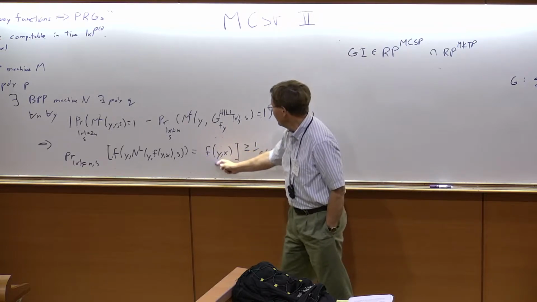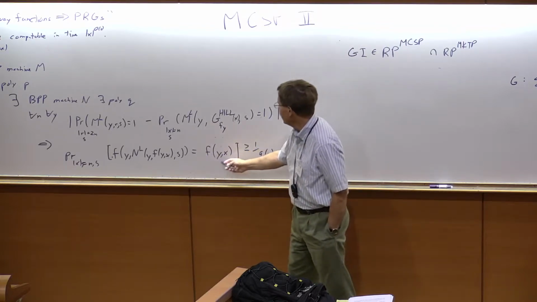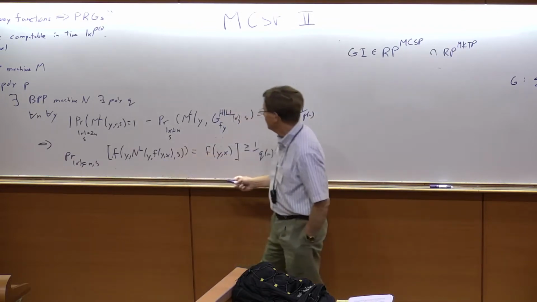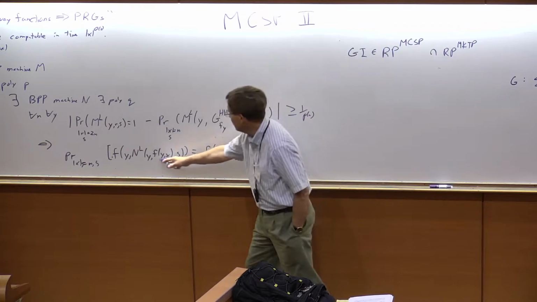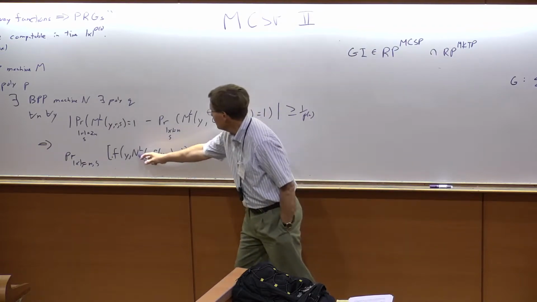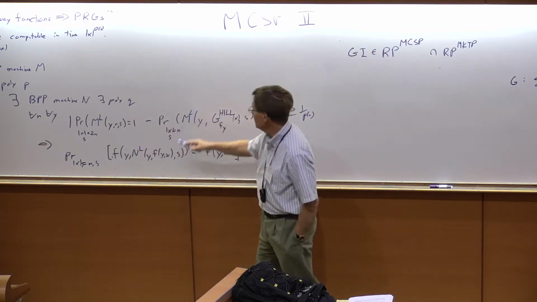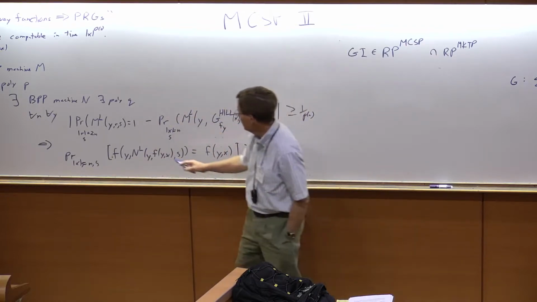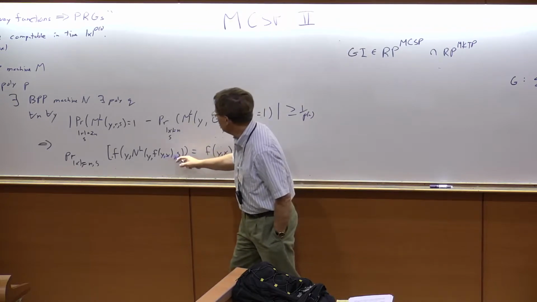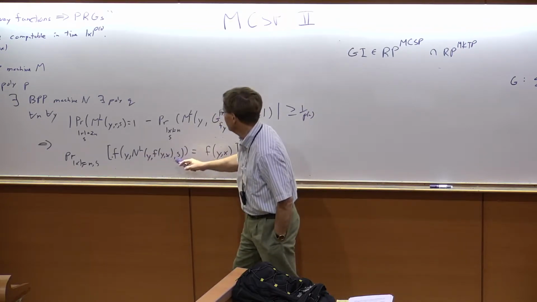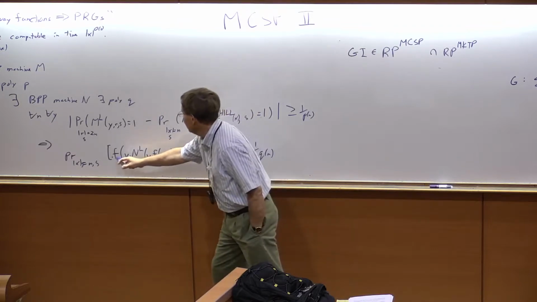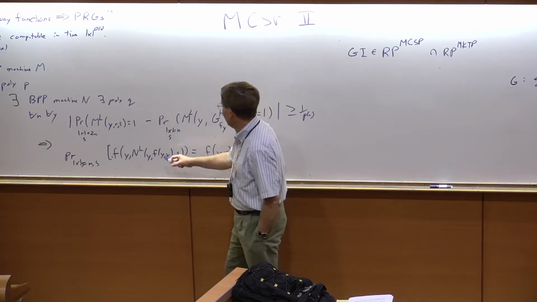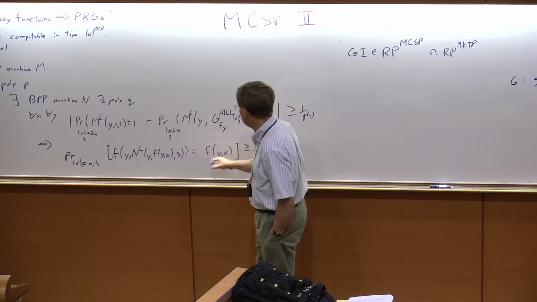Here, if you are given f sub y of x as input, you can use this same oracle L that distinguishes random from pseudorandom, and you can compute something so that when I feed f with the same y, it maps back to that.